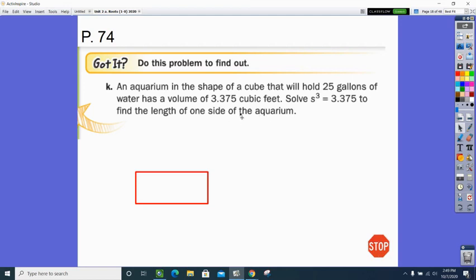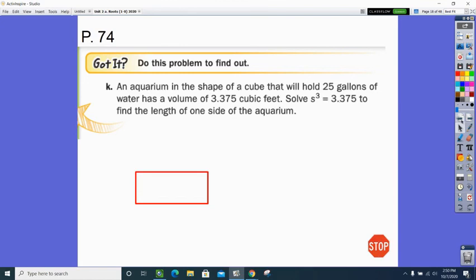The reason I stopped to talk about this one is lots of times in a word problem, kids want to use every number. The 25 gallons in this problem is extraneous. It's extra information. All we need is the volume in cubic feet, and we're looking for one of the sides. So we're going to undo cubing by taking the cubed root.